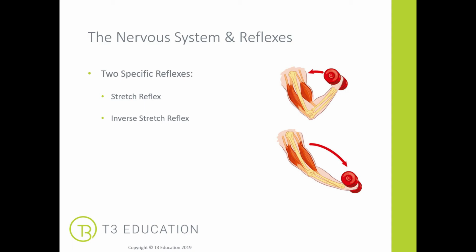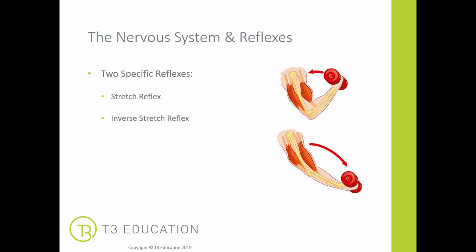But we also have the inverse stretch reflex, which is also a protection mechanism. So as our bicep contracts to hold that book and stop it moving too quickly and tearing your bicep, what if something is placed in your hand that creates too much tension rather than stretch? And actually trying to contract and hold it might cause more damage than letting it go.